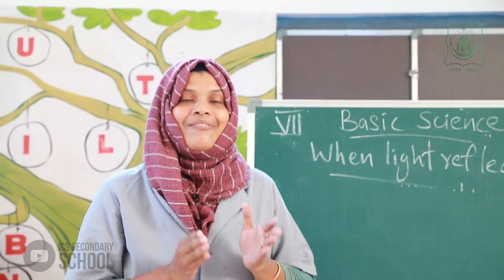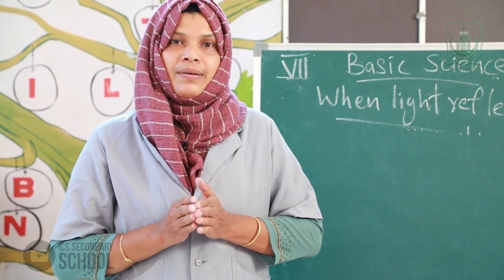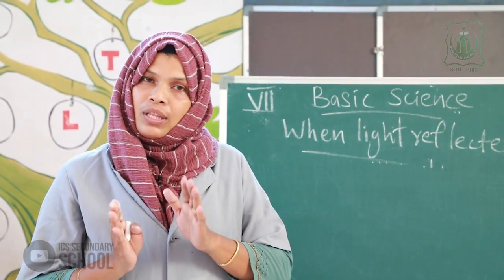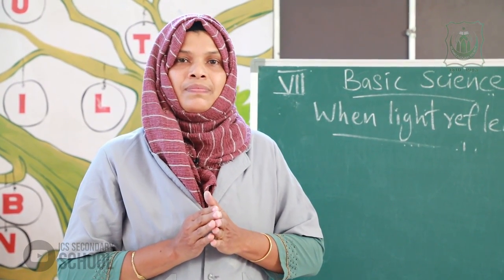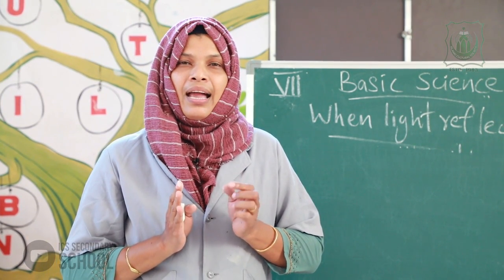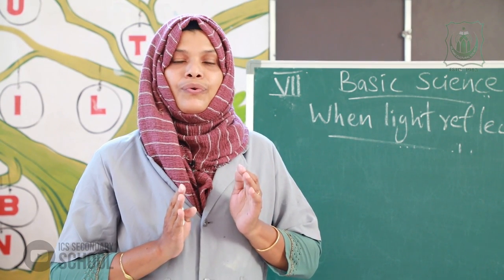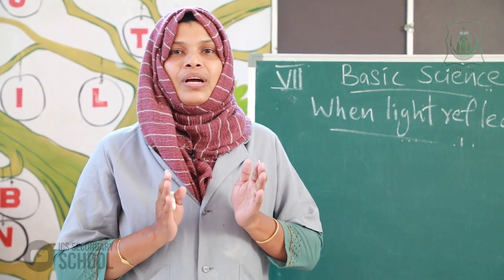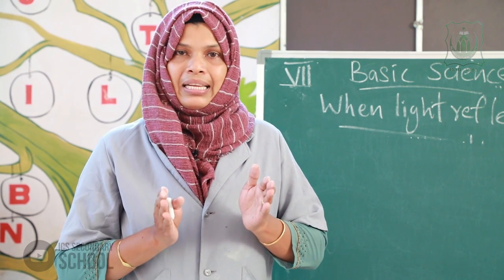Then place the vessel on the chart paper or on the protractor. Then add water to it. Then add a little drop of soap or milk for seeing the path of light clearly.